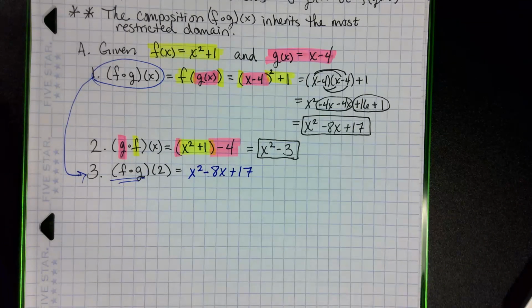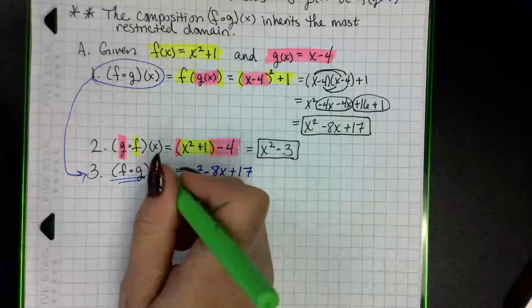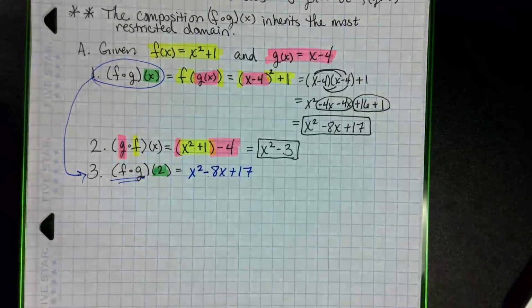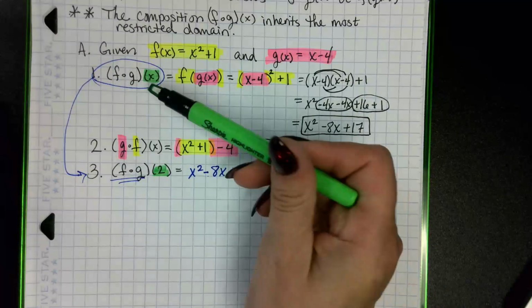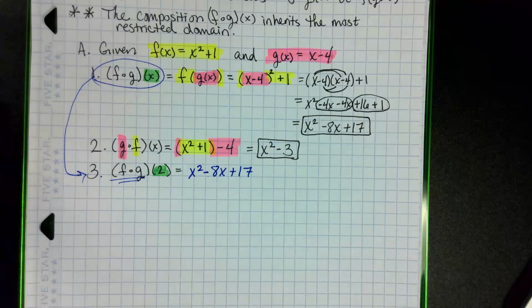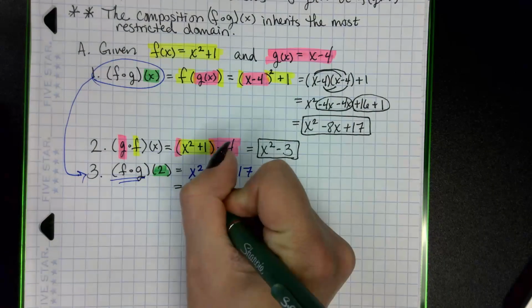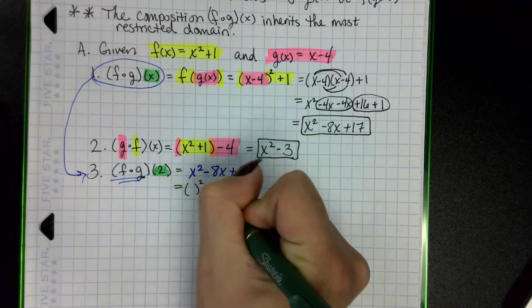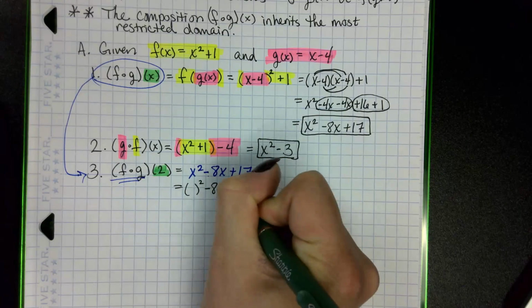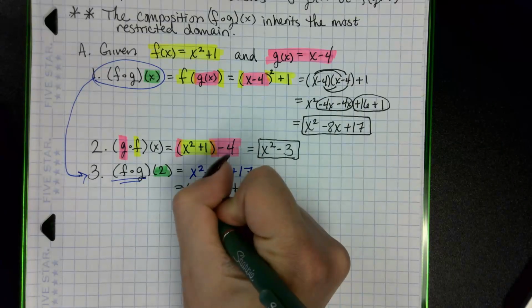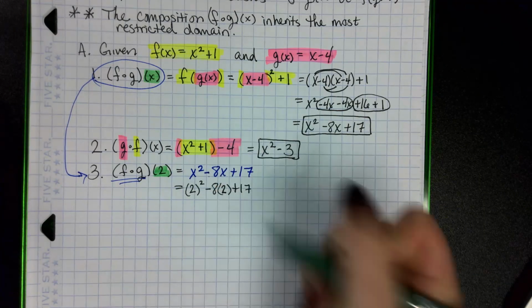That's my f of g of x, but now I want it to be of 2. So everywhere there was an x, I'm going to turn it into a 2. So instead of an x, blank squared minus 8 blank plus 17. And I'm going to fill in 2's for x. I'm evaluating for when x is 2.